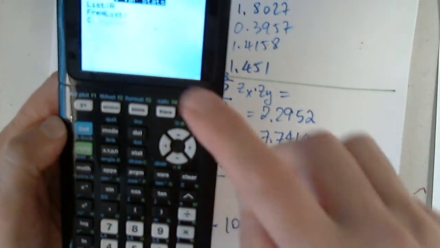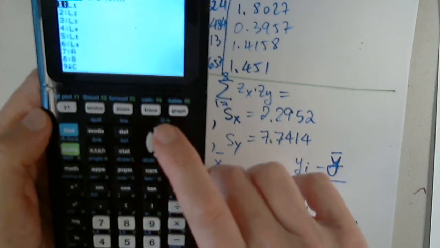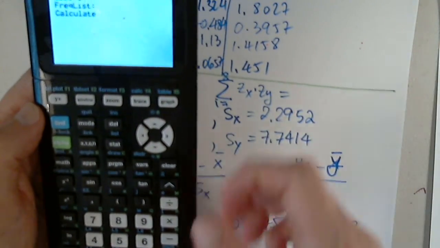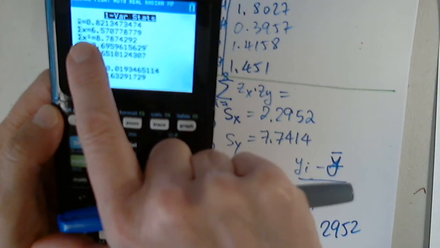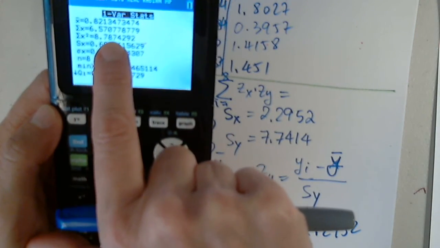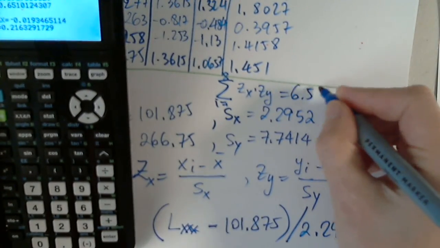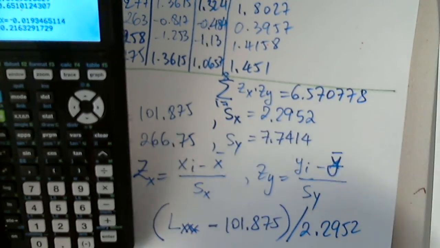I want to calculate one variable statistics, but on the last list, which in my case is list C. Okay, give me the sum. Here is the sum: 6.57077, 6.57078.